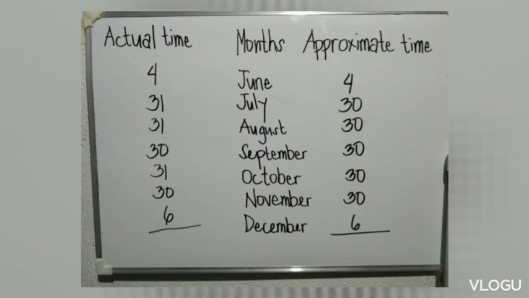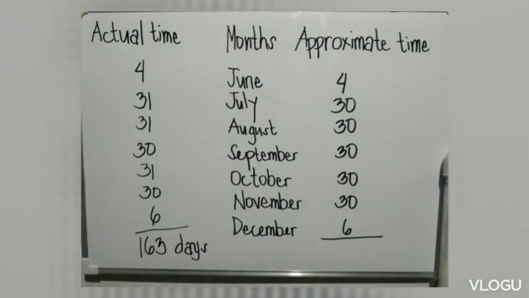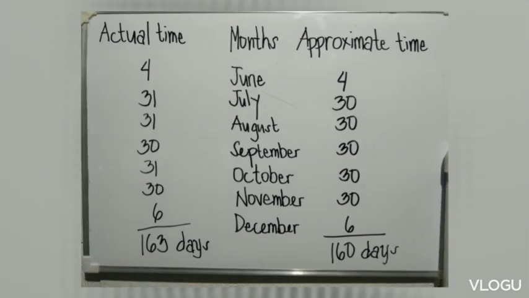After we write, we add all the numbers in the actual time: 4 plus 31 plus 31 plus 30 plus 31 plus 30 plus 6 is equal to 163 days. Let's proceed to the approximate time: 4 plus 30 plus 30 plus 30 plus 30 plus 30 plus 6 is equal to 160 days.